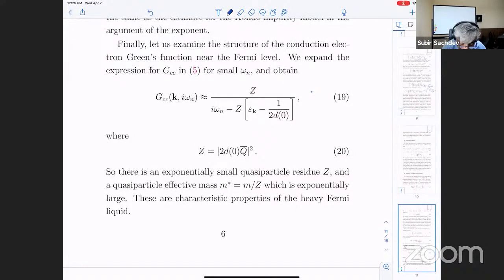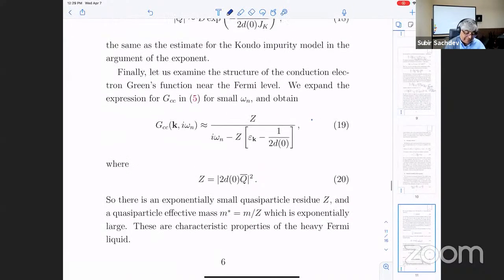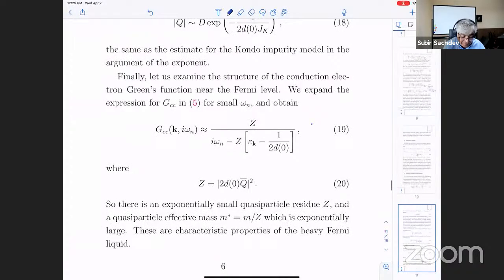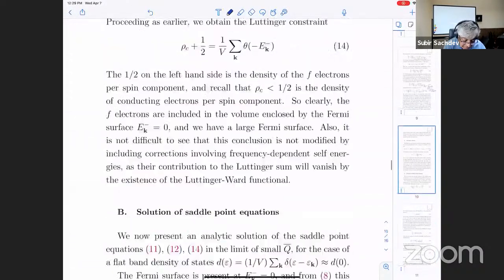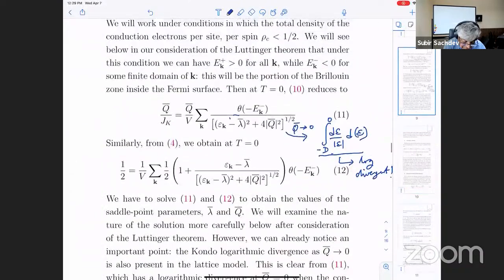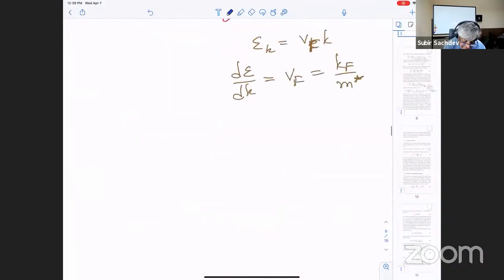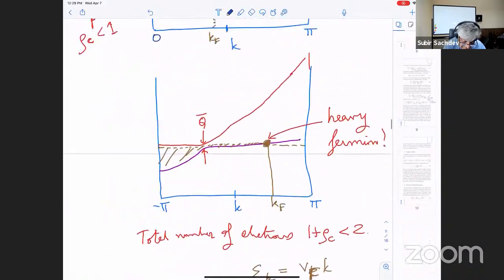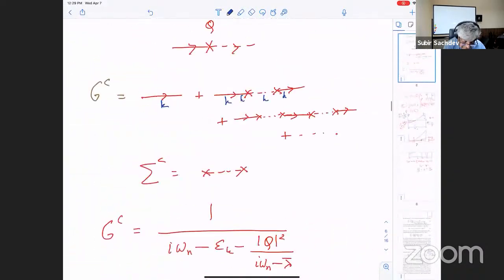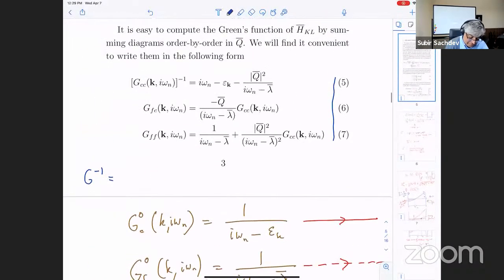It's not exactly right. I'll have to correct it because the actual dispersion is capital EK, not small EK. And I should really play with that. But let me just ignore that small difference. Sorry about that, but I won't be able to get that right on the spur of the moment.